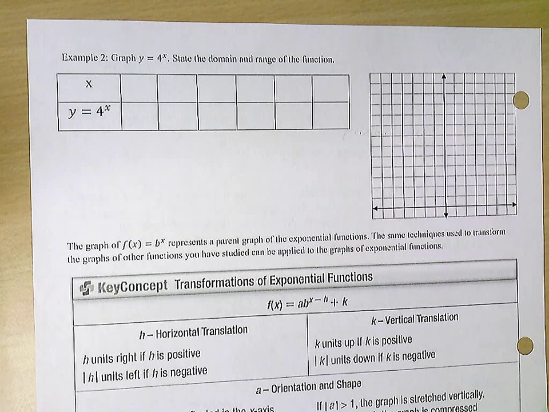Well, plug in some negative and some positive. Plug those into the function. Should be 4 and 16.